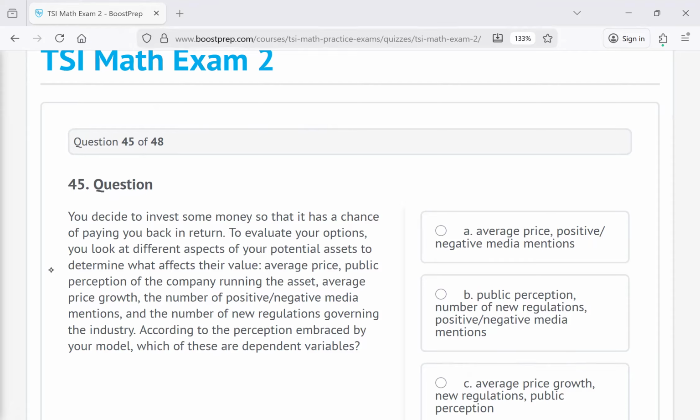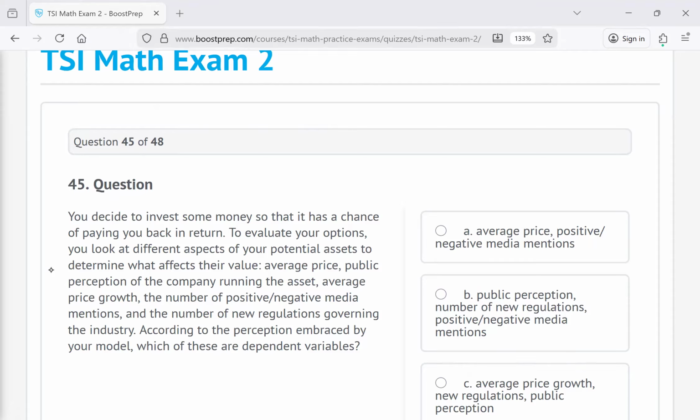Is it A, the average price, positive/negative? So yes, I would say D. So according to the perception embraced by the model, which of these are dependent variables?